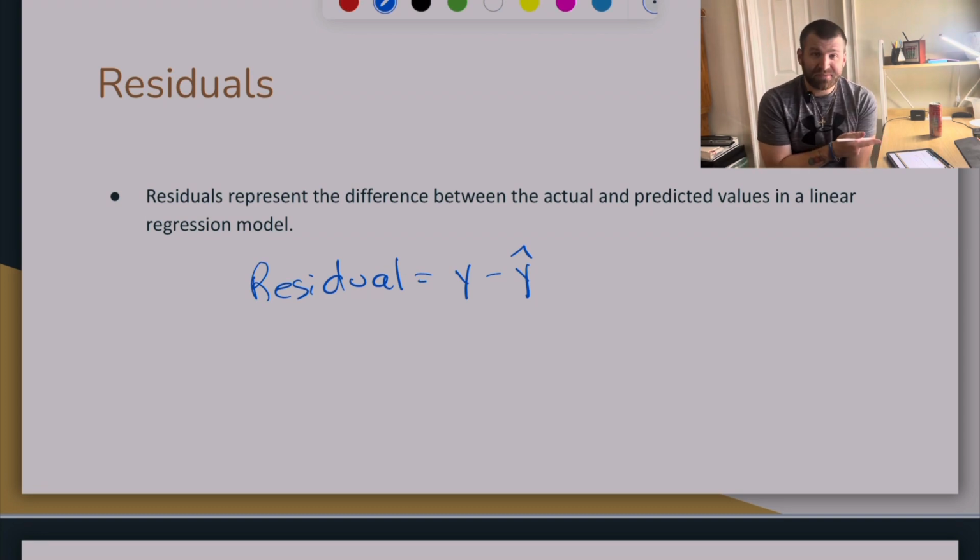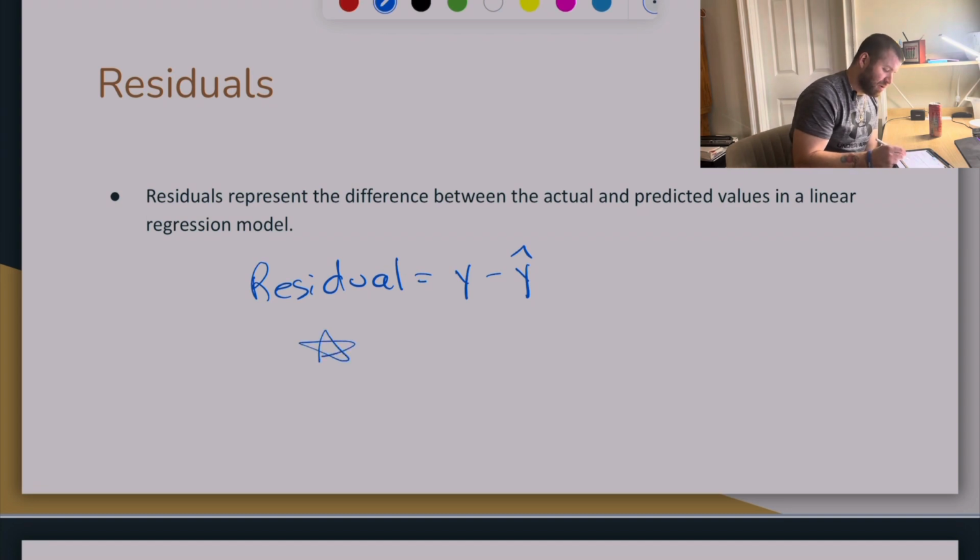That's it. And so sometimes, a very common thing, they'll ask you to calculate the predicted. They'll give you the actual, and then they'll ask you for the residual. That's a very common thing. They may ask you to interpret a residual. So, what I mean by interpret: if your residual is negative, that means the line was an overestimate.